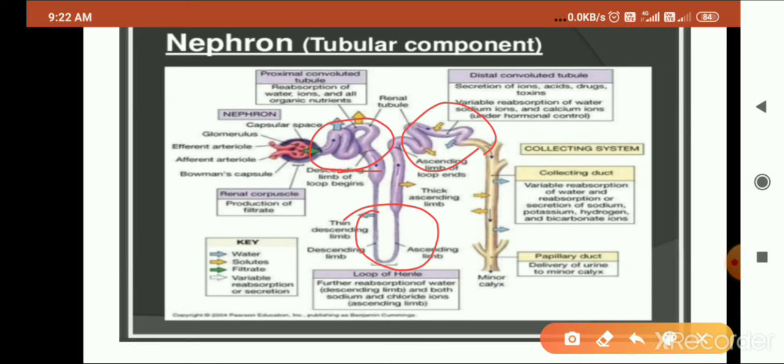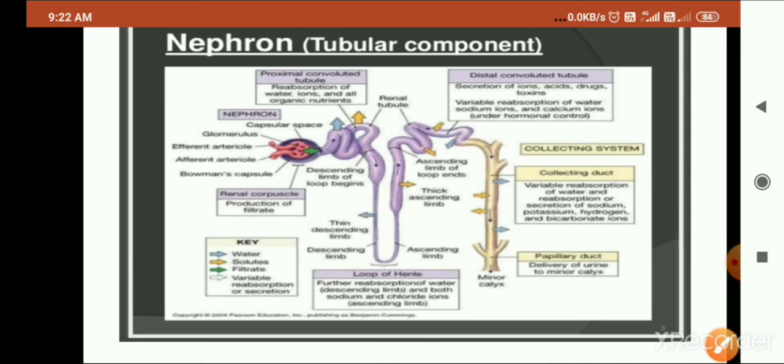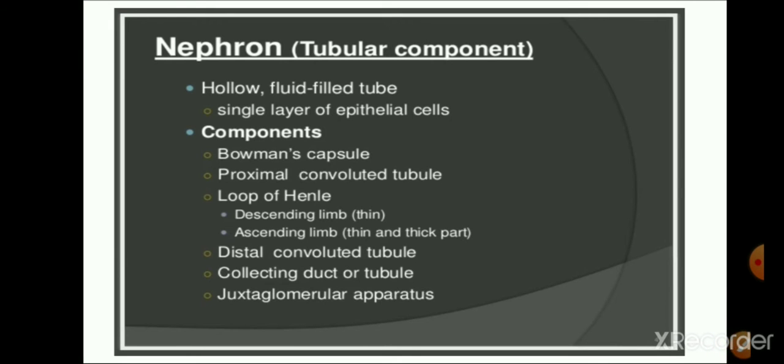A large number of collecting ducts combine and open into the ureters, and the left and right ureters ultimately open into the urinary bladder, which is a pouch or bag-like structure in which the temporary storage of the urine takes place.